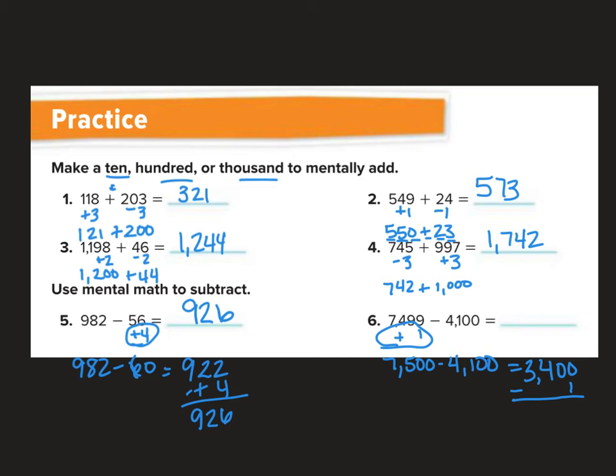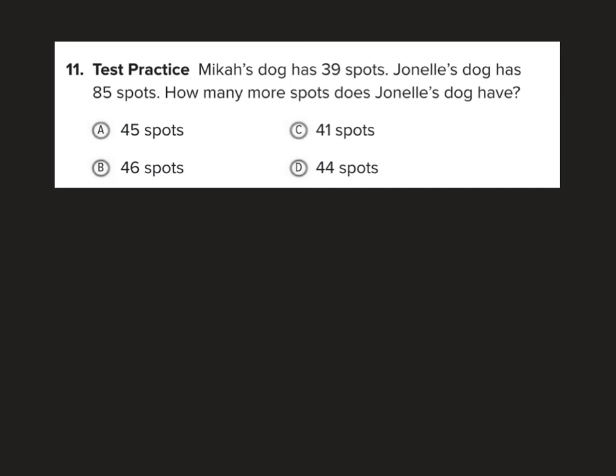Okay, so I'm going to get 3,399. Look at that. So this one, the answer is 3,399. So really, you guys, we have to ask ourselves, like, what's going on and make sure it makes sense, right?